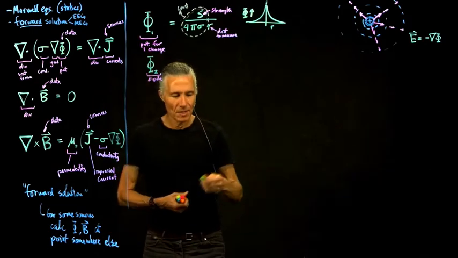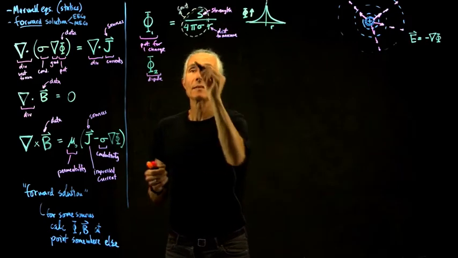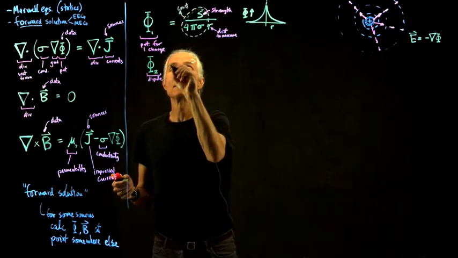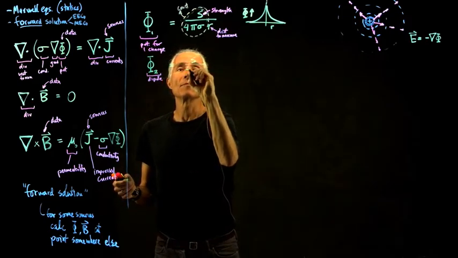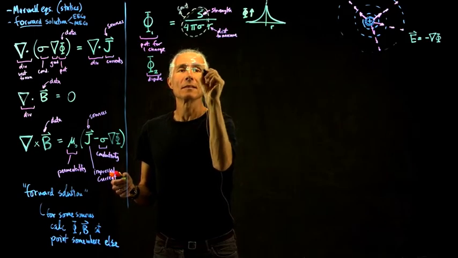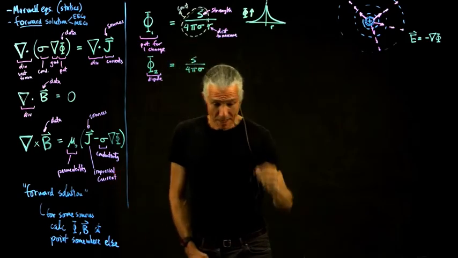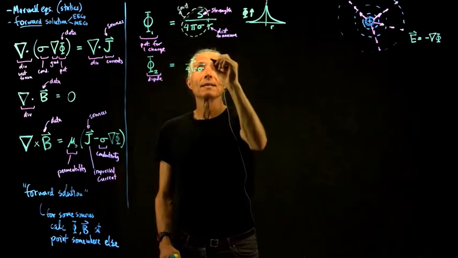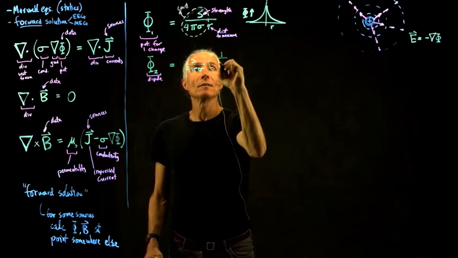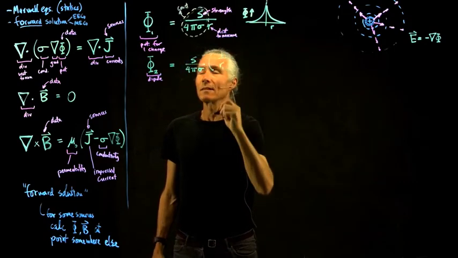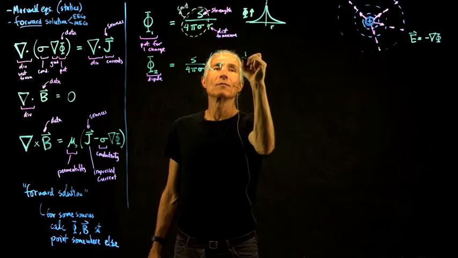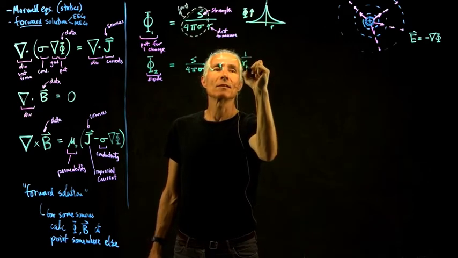That's going to be the strength again over the same 4 pi conductivity constant, but now it's going to be 1 over the distance to the first charge minus 1 over the distance to the second charge.